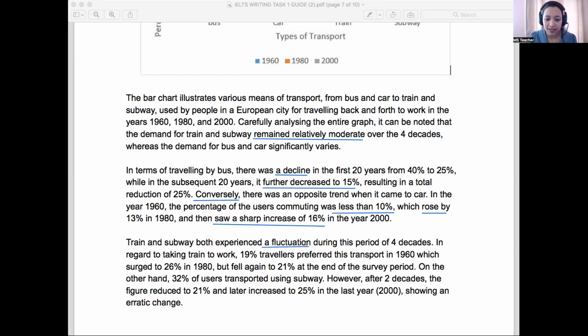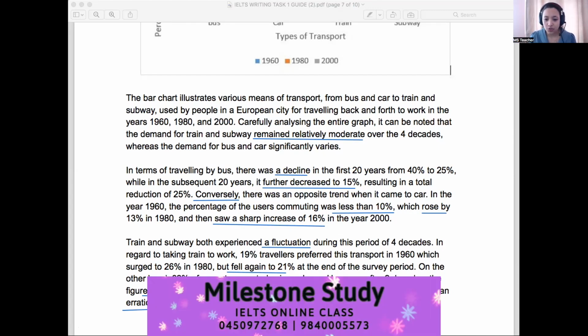In the third paragraph, we have a fluctuation during this period. Next one is on the third line, we use fell again to 21%. In the next line, we also have figures reduced to 21% and later increased to 25%. We've also used erratic change to show a trend at the end.